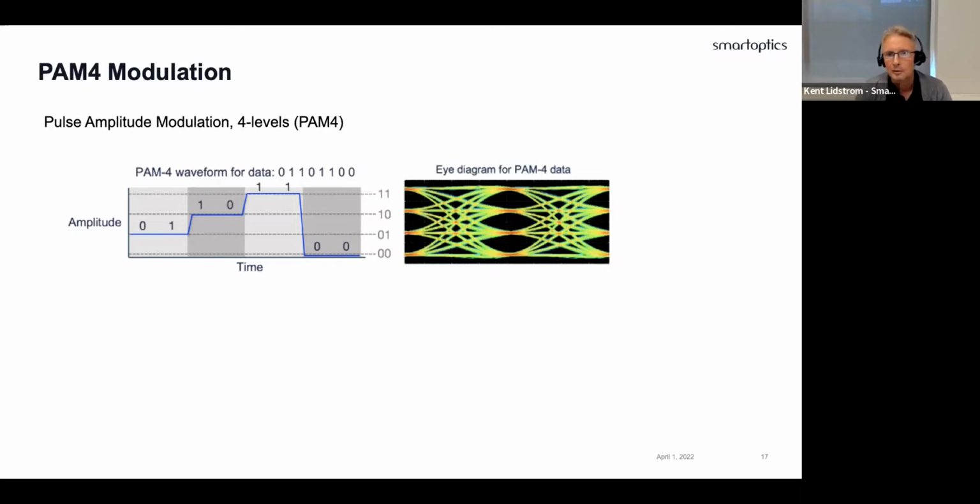The second from the bottom is 0, 1. The second from top, 1, 0, and the top one representing 1, 1. So for each bit slot or time slot, you now get 2-bit representation. So you get a bit rate that is twice as high as your baud rate.